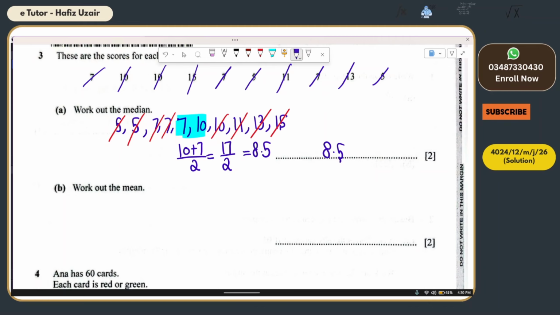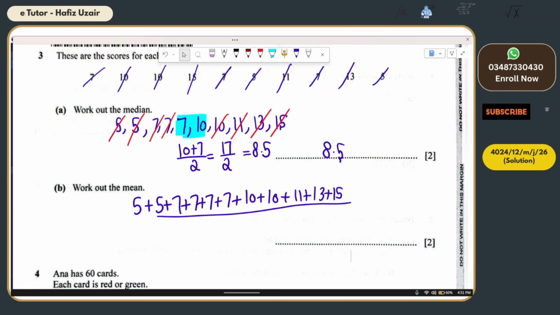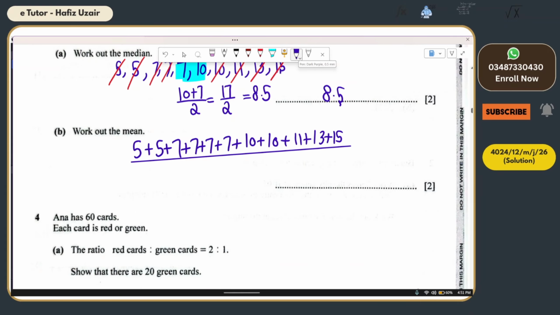Let's write it over here as well: 5 plus 5 plus 7 plus 7 plus 7 plus 7 plus 10 plus 10 plus 11 plus 13 plus 15 over 10. So now we will have 90 divided by 10, which equals 9.